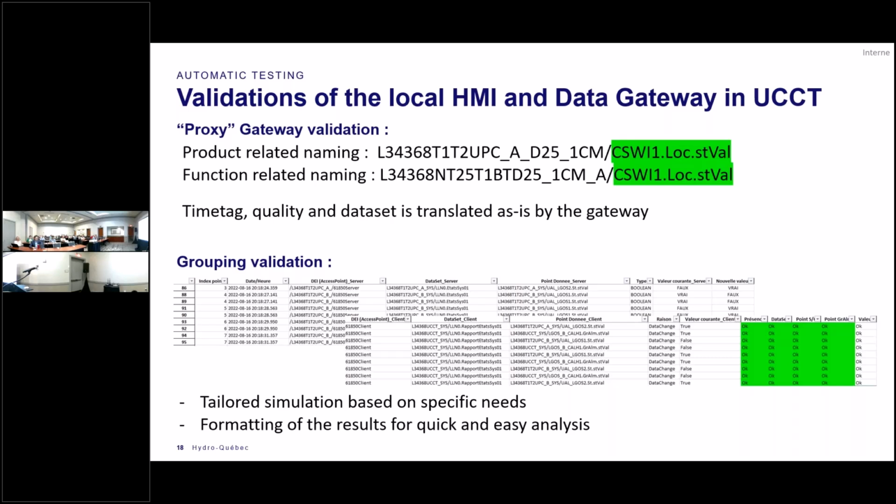So for the different grouping, same, we had the conditions and we could test it. What DTM allowed us to do was to have scripts that let us really tailor what conditions are simulated in order to validate for our specific needs, which was pretty much the only solution out there that we saw that could be done.